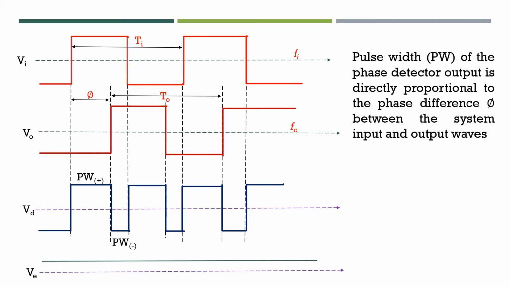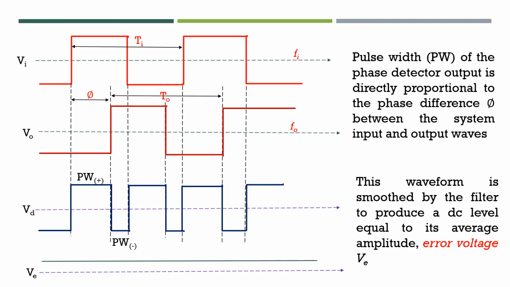In this case, the pulse width PW of the phase detector output is directly proportional to the phase difference phi between the system input and output waves. This waveform is smoothened by the filter to produce a DC level equal to its average amplitude, which we call the error voltage VE. As we can see, it is the average value of VD.